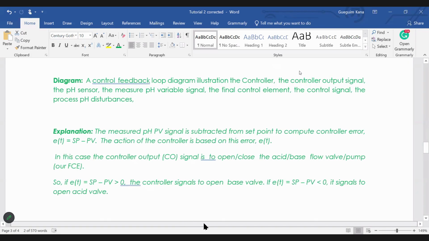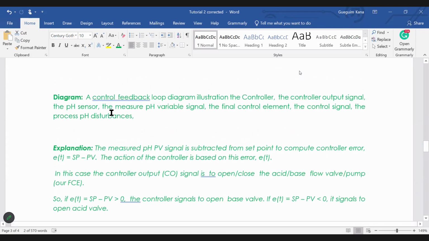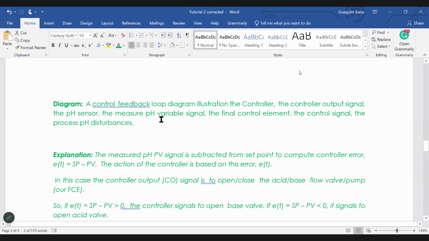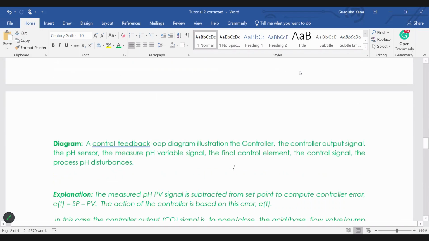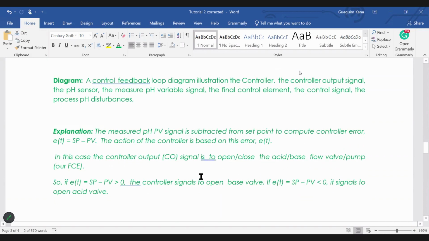Then you explain as follows. You have to explain the diagram of a control feedback loop, the controller signals. Sorry, the question talks about temperature, okay? Talk about the temperature. Where you have a control loop described in your book, that is the pH control loop, you have to replace the pH value here with the temperature.